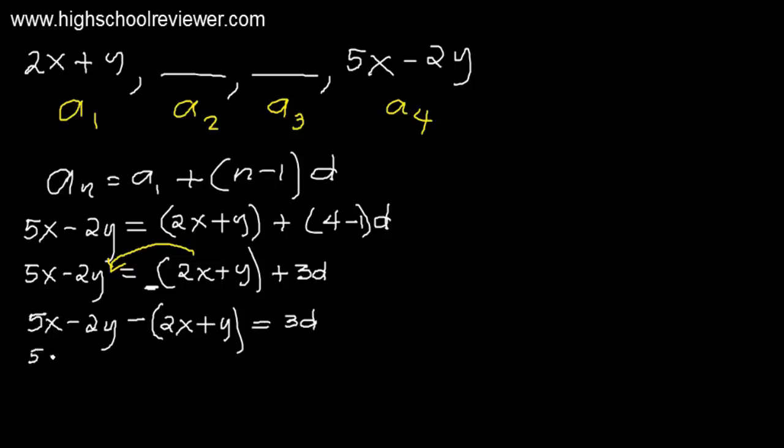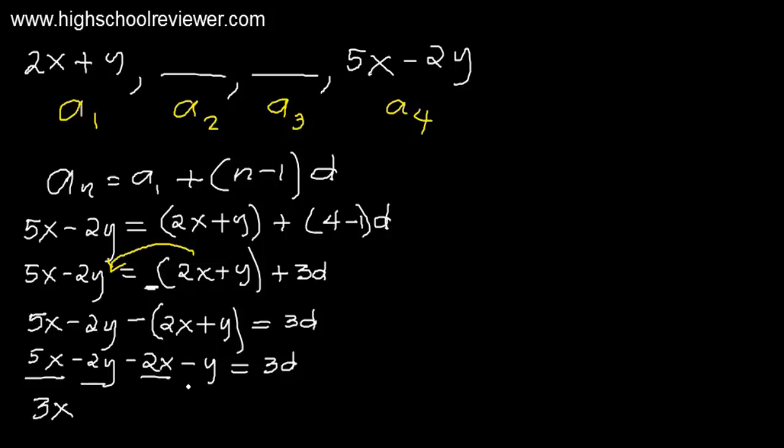So we have 5x minus 2y, negative multiplied by positive 2x, negative 2x. Negative times positive y, negative y equals 3D. So 5x minus 2x will be equal to positive 3x.